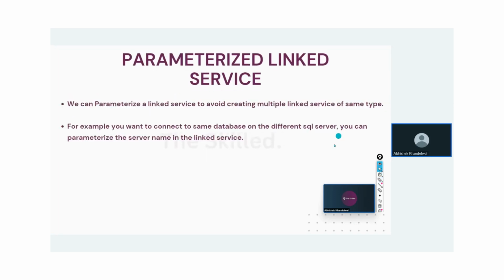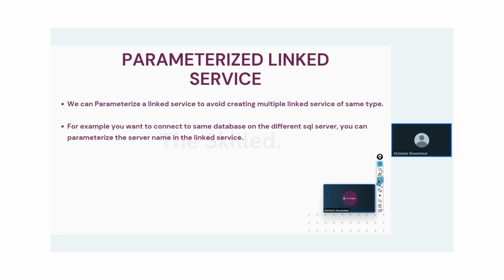Before going to data factory directly, I would like to explain the different levels of parameterization that we can achieve in data factory. As explained in the previous videos, we first create a linked service, then a dataset, and then we use those datasets in our pipelines.